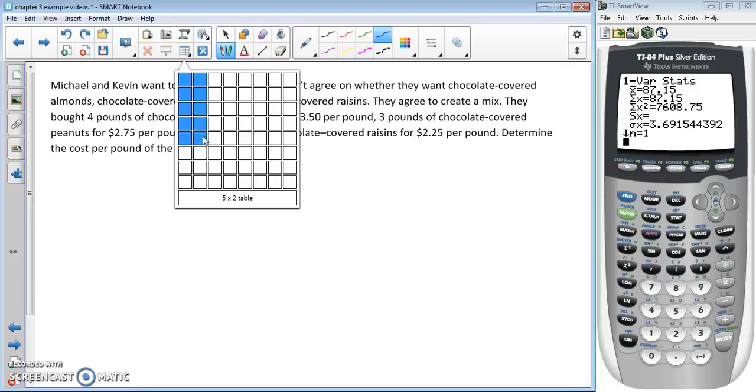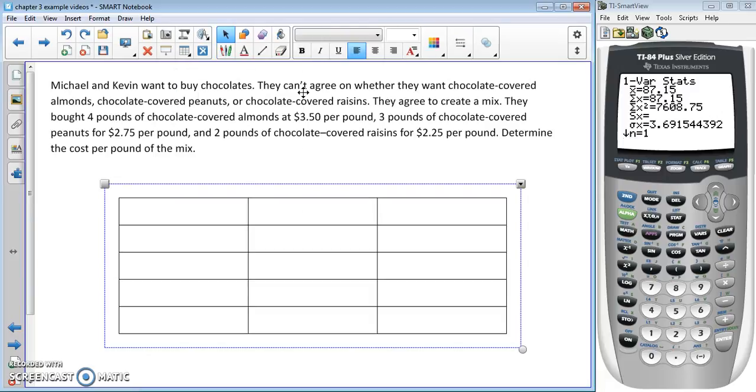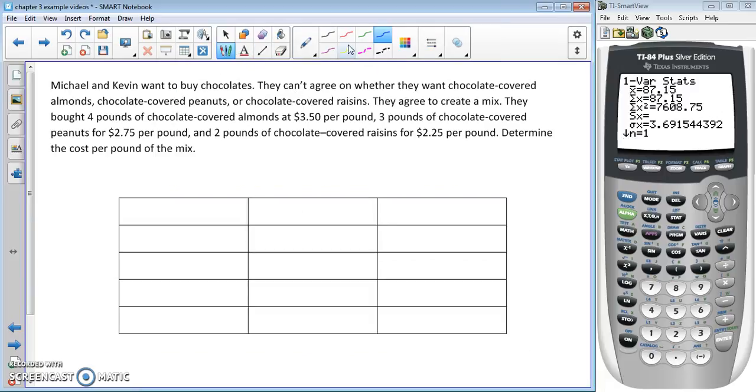I'll put a table in here again so it makes it a little bit neater. So we have almonds and peanuts and raisin. Since we're looking at the cost per pound, the pounds are going to be our weights.